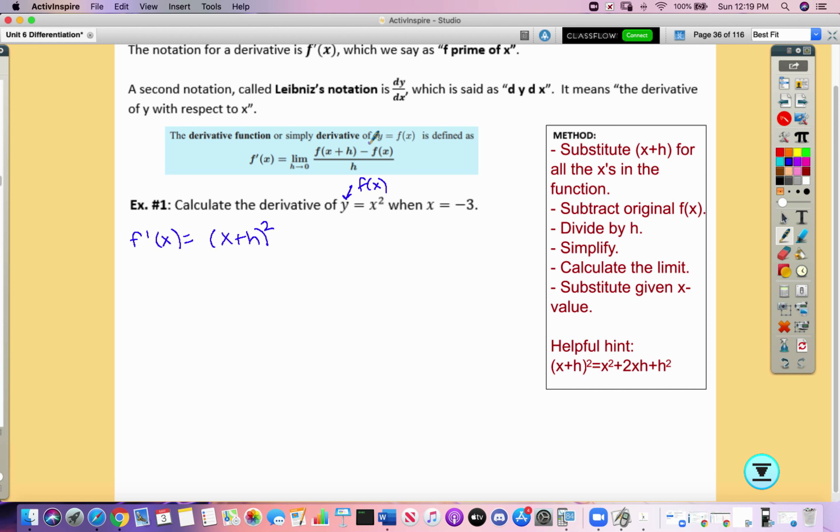Next, we're going to subtract f of x. So we're going to subtract the original function. The original function was x squared. Then we're going to divide by h. And don't forget, we're calculating the limit as h approaches 0.